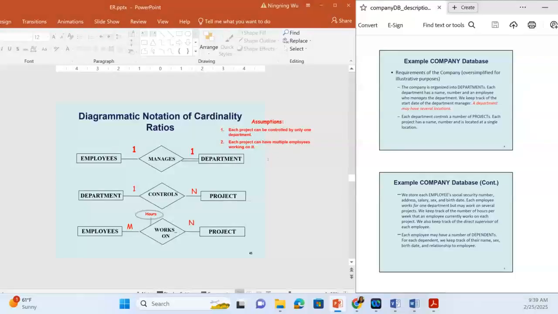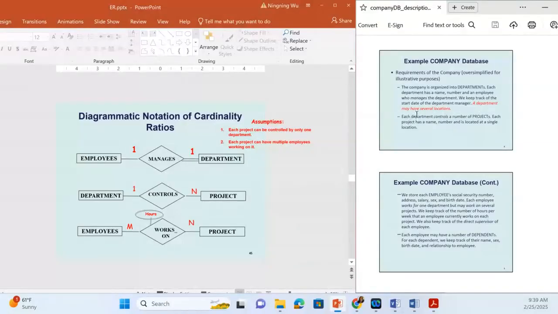And then for the participation constraint, the same thing. For the department controls project, what's the participation? Maybe look at the project. According to the data description, each department controls a number of projects.